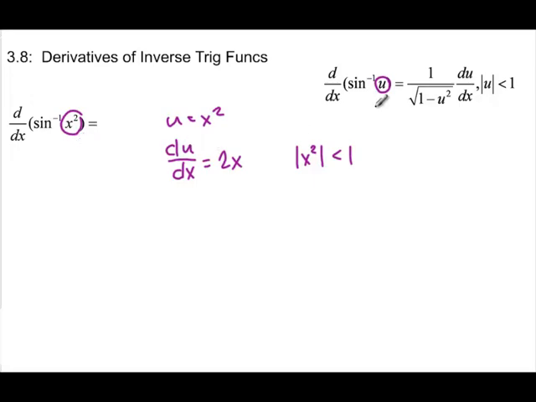Now set your pattern up here. We're going to take 1 over the square root of 1 minus u squared, times du dx.